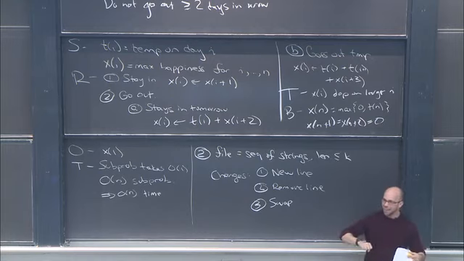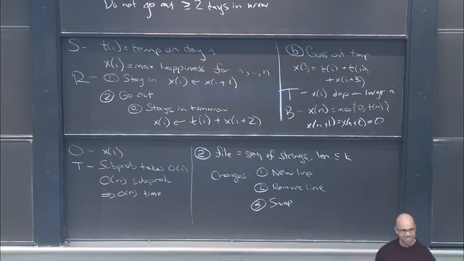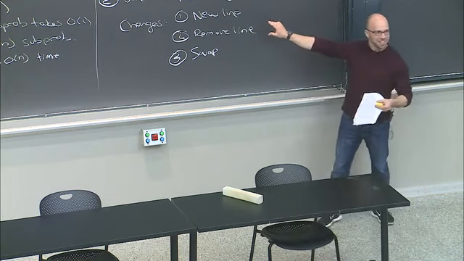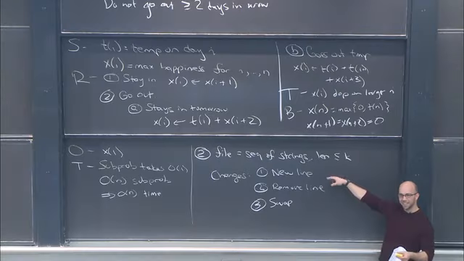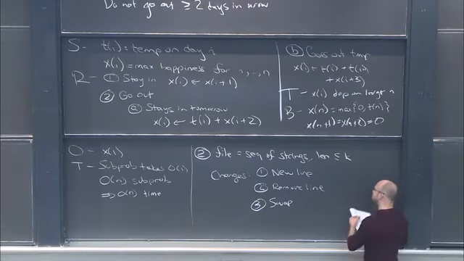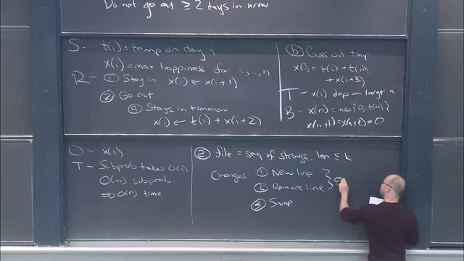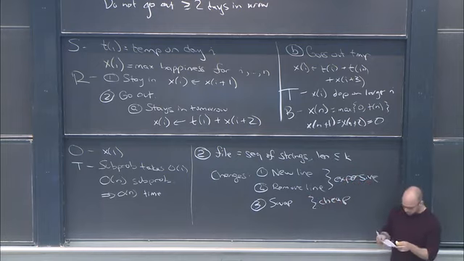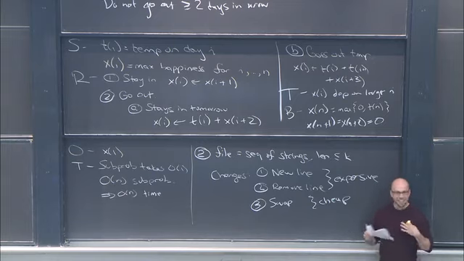But if I want to add a line, I have to go to the Tigris and Euphrates and pull out a stone. It's a lot of work to make a new line or to dispose. So these are expensive, and this is cheap.